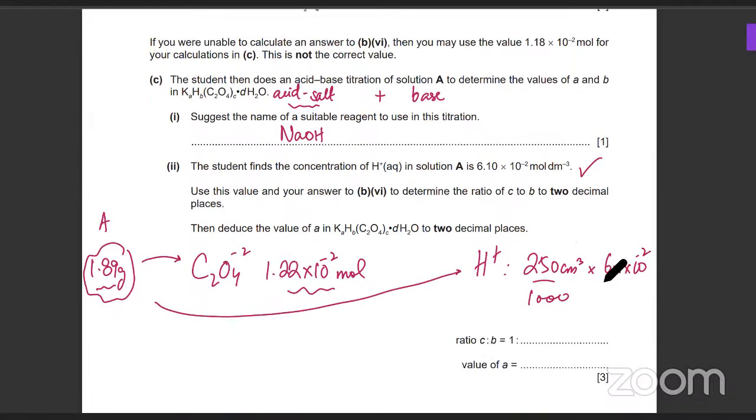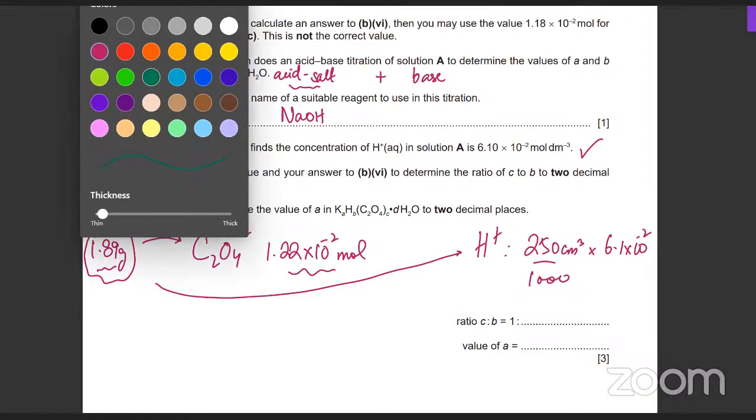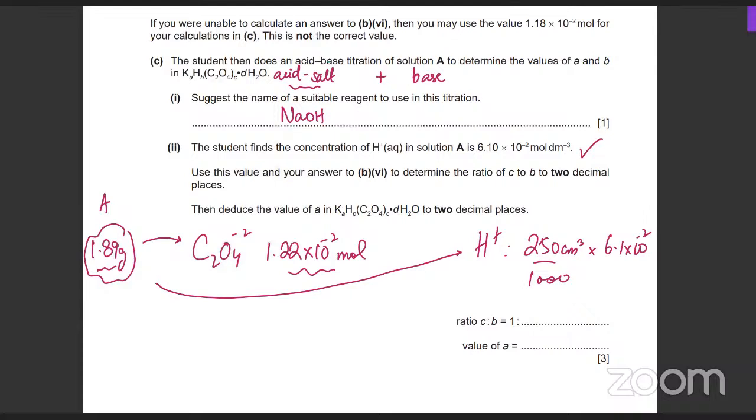So can anyone tell me what these moles are? 0.01525. So in our 250 cm3 solution, H+1 is these many moles, right?